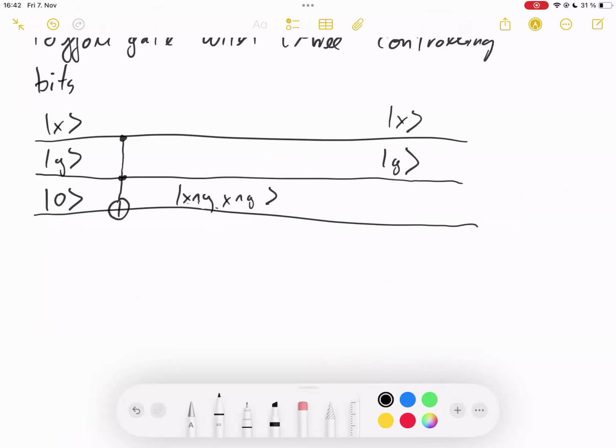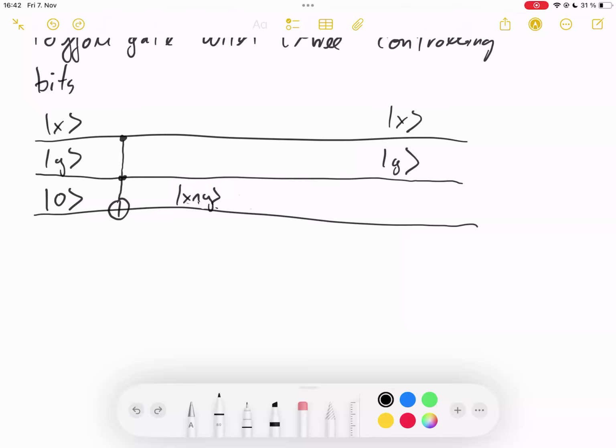So I'm just writing this in a neater way, because a 0 is my neutral element. But this is just a consequence of what I'm getting here, rather what I wanted was my third controlling bit.